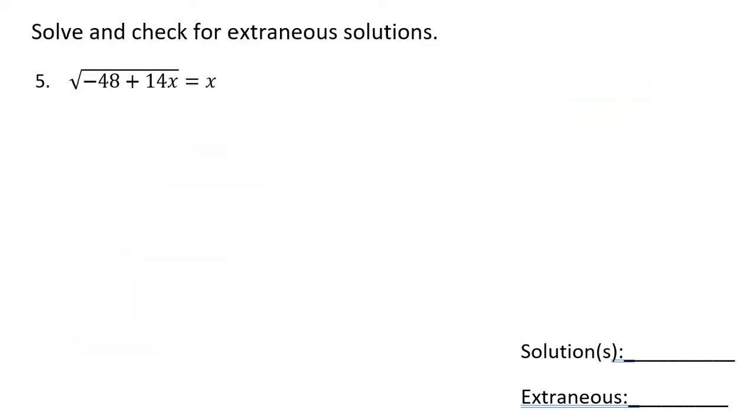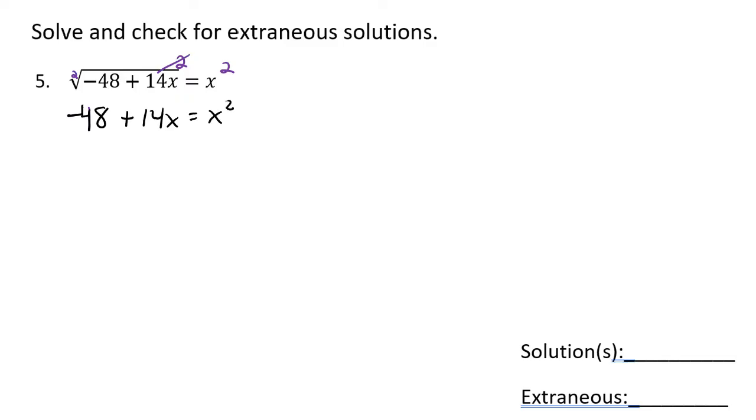All right, solving once again. Once again, we want that radical to be isolated, and it is. So we have an index of 2 here, so we're going to square it. Those are going to divide away. So we're going to end up with negative 48 plus 14x equals x squared.